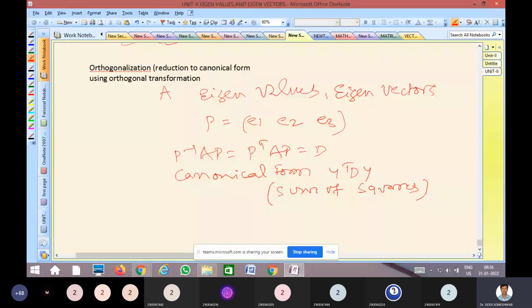Now let's discuss one problem on this method, orthogonalization.